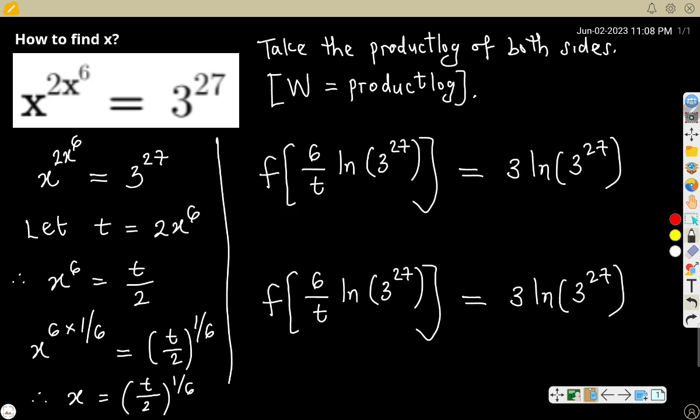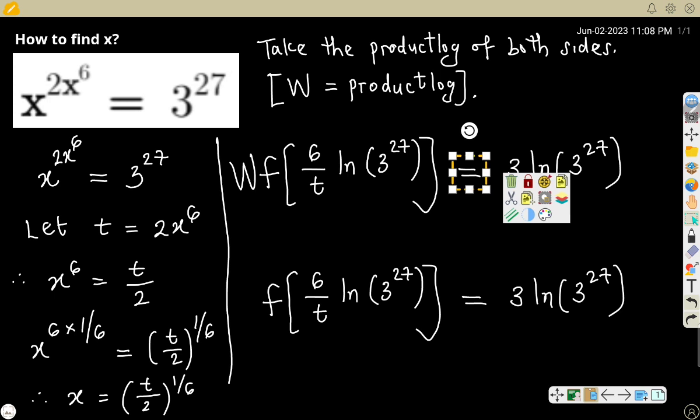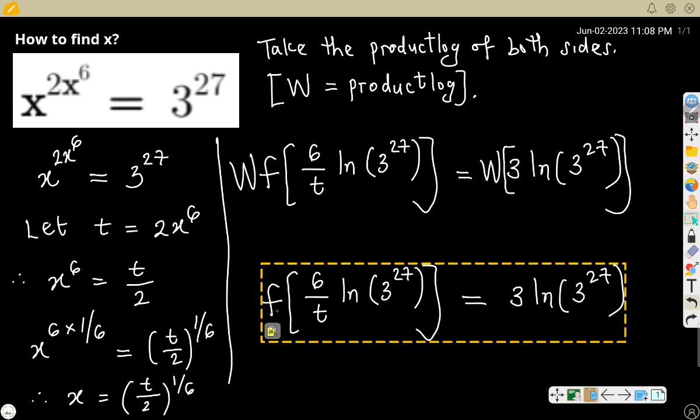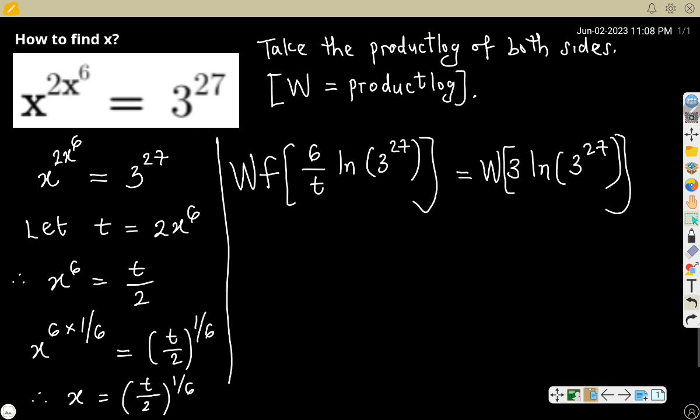So I'm taking the product log of both sides. After you take the product log of both sides, W and f are inverses of each other, so it will cancel out. It remains C over 6 over T.